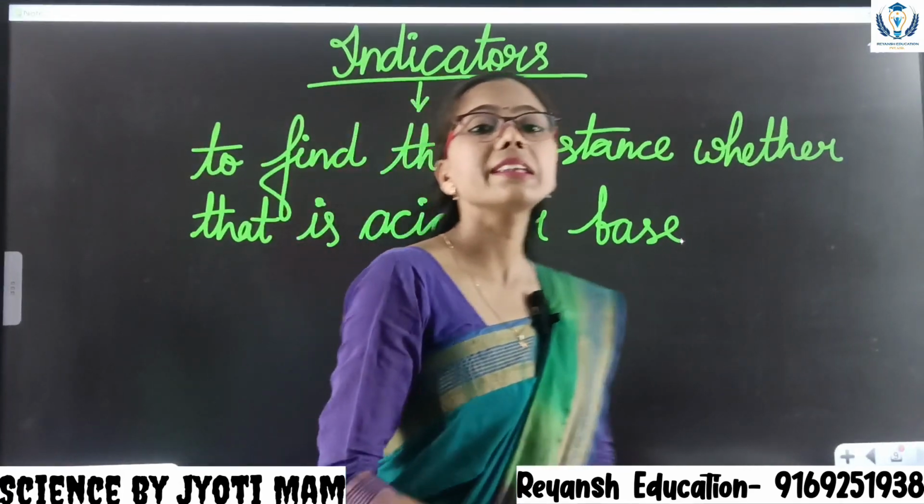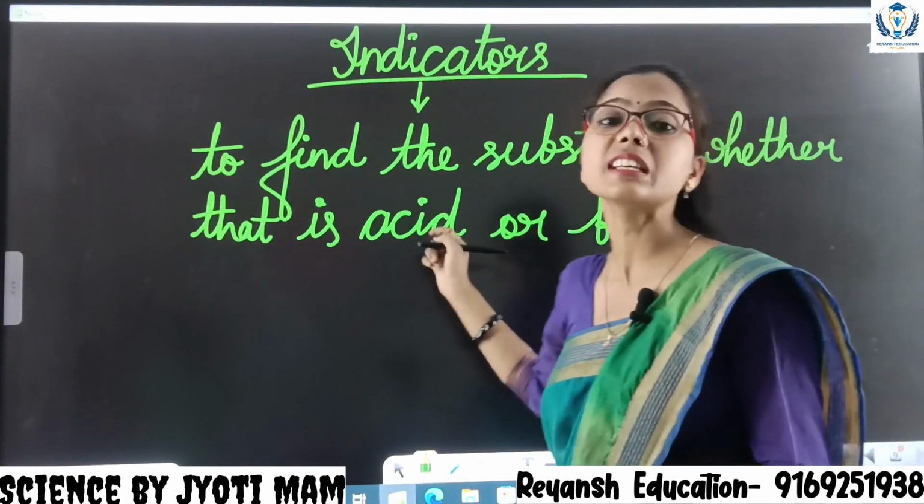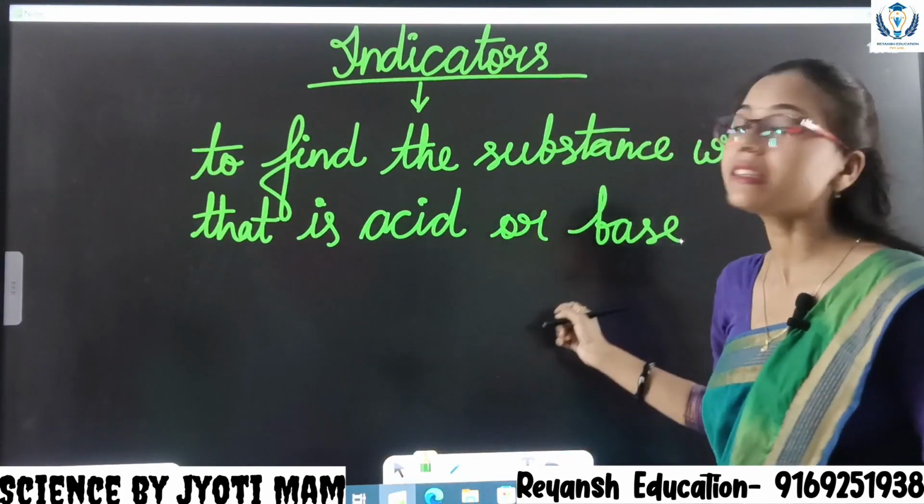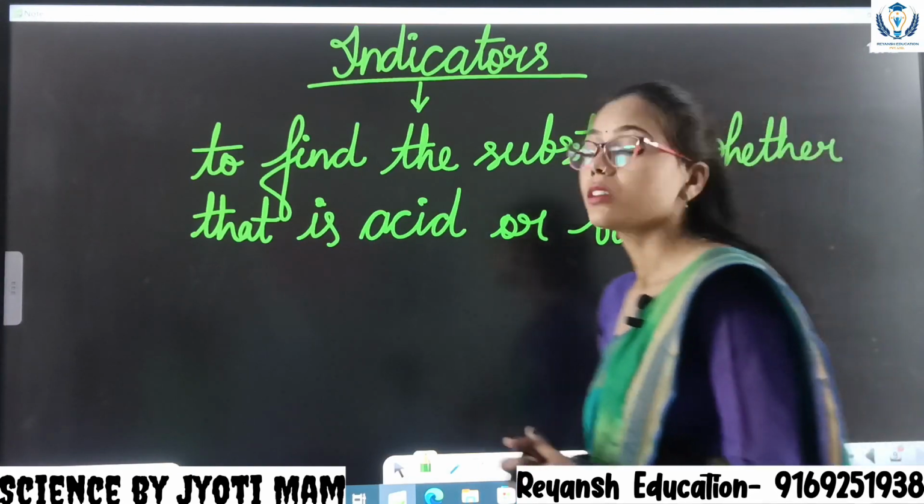The substance or material that helps us to find whether a substance is acid or base in nature.